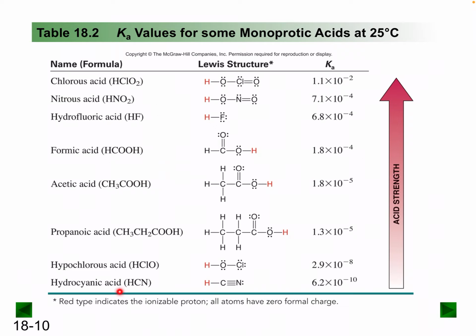Okay, so for weak acids also we can see which one is a stronger weak acid. Chlorous acid is a stronger weak acid compared to nitrous acid, and this is the order for this particular group of acids. So the acid dissociation constant tells us how strong a weak acid is.